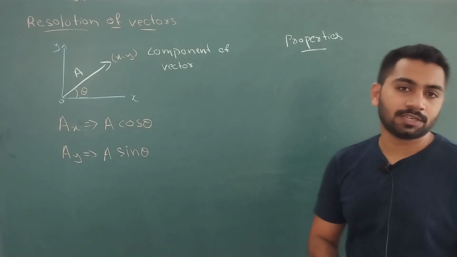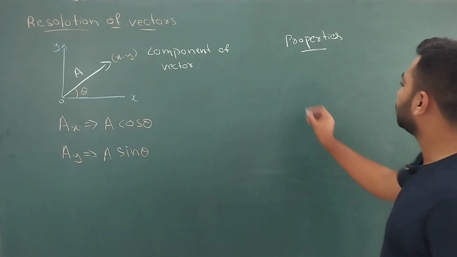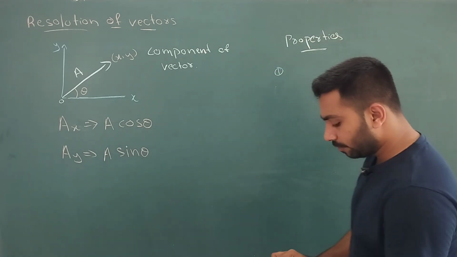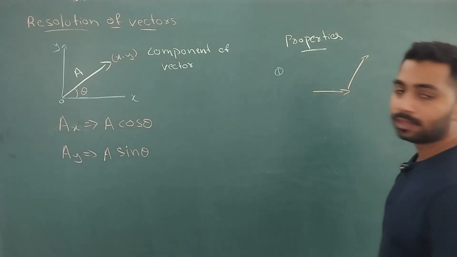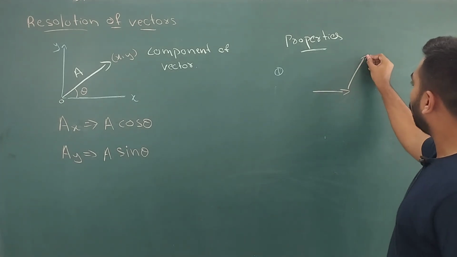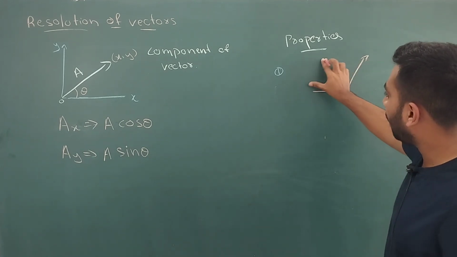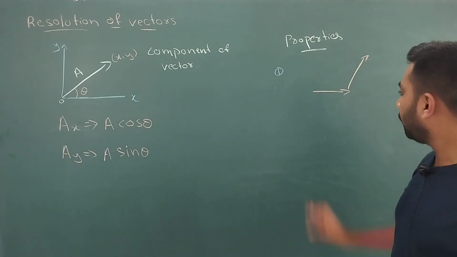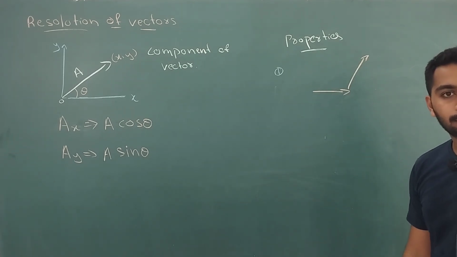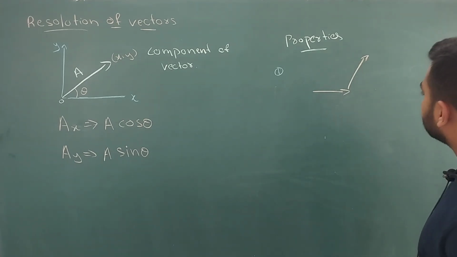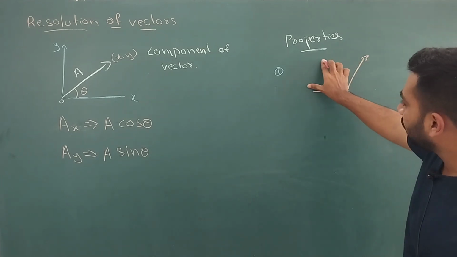First of all, a vector can shift from one place to another. Just now we saw this. I can take this and keep it here, and I can take the other and keep it here.